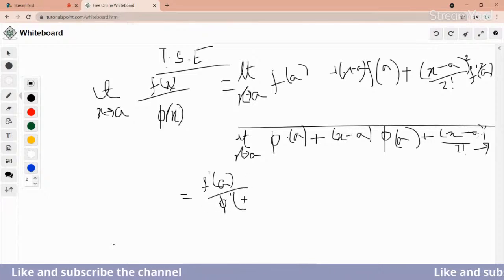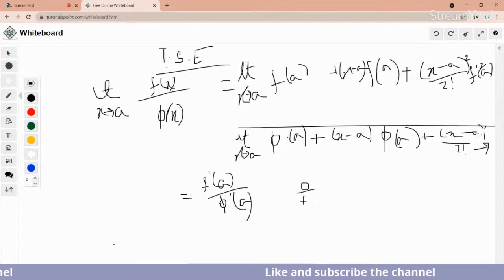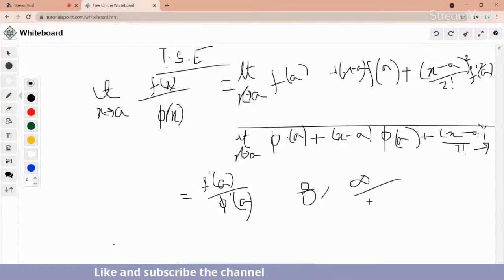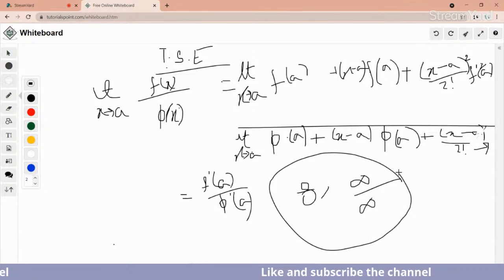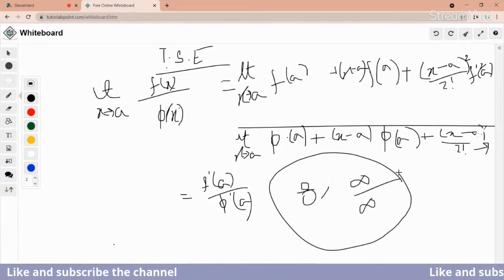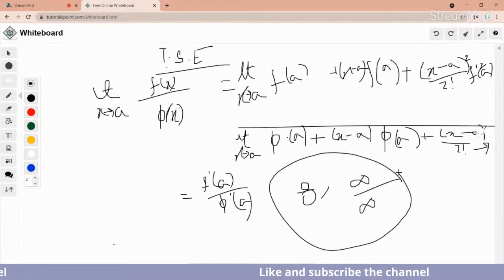So when it is 0 by 0 or infinity by infinity, you just have to differentiate the numerator and the denominator until you stop getting this form, and that way you can solve the limits. You just have to differentiate up and down.